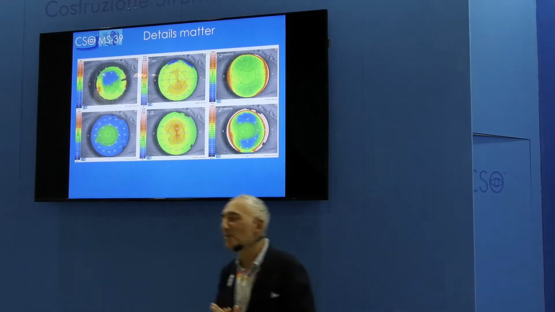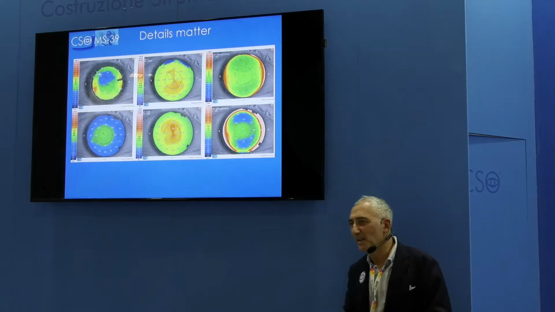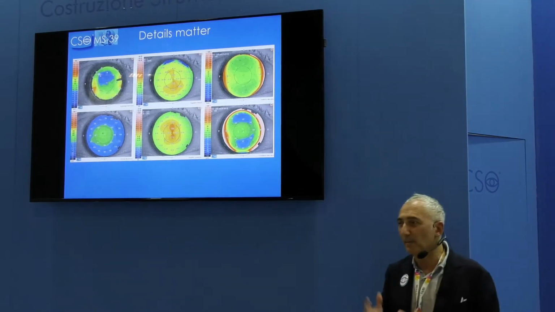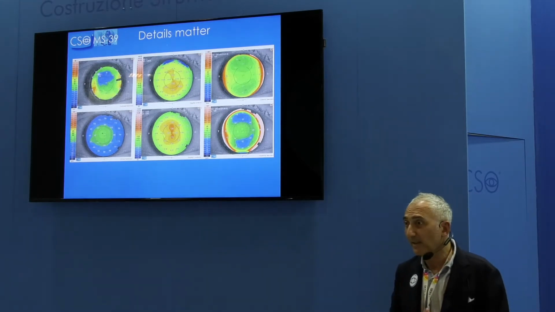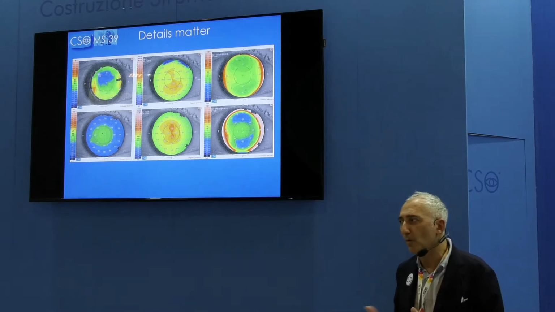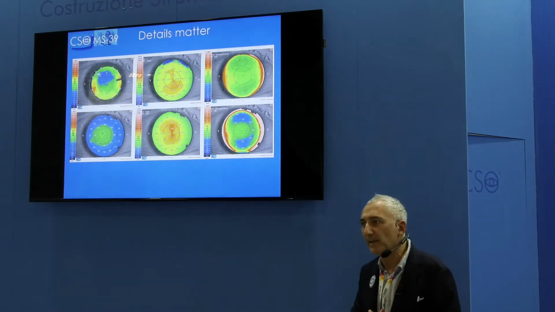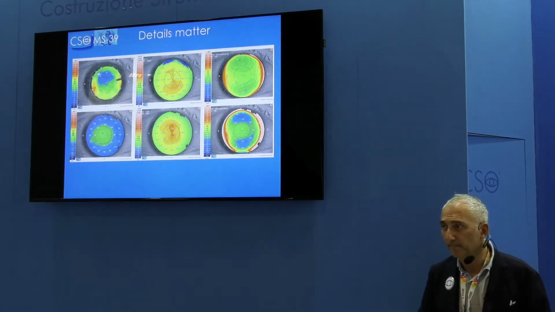That's another hint for deciding. And if we can also measure, it's something also for follow-up: how long will it take for this contact lens warpage to fade away, and then we can measure.